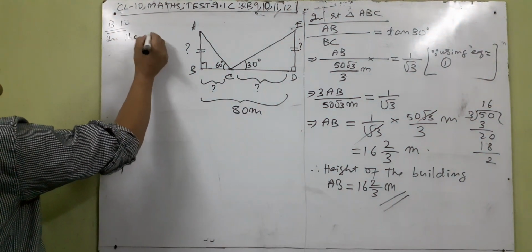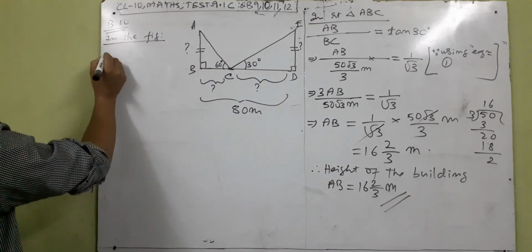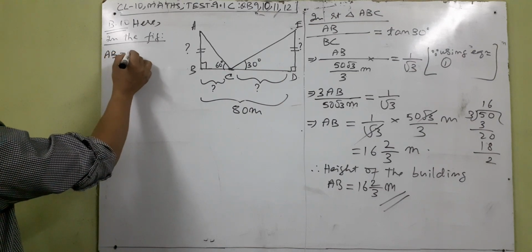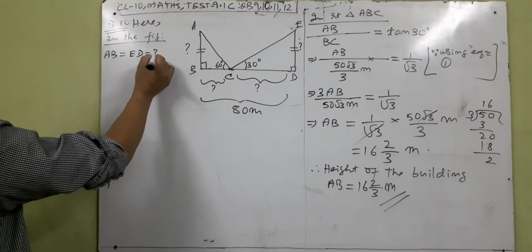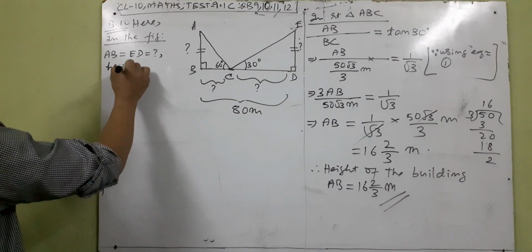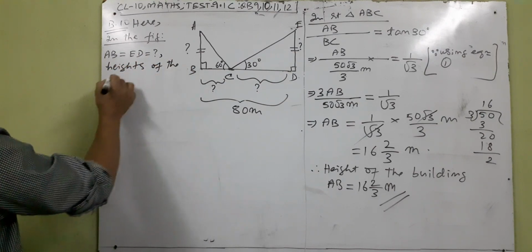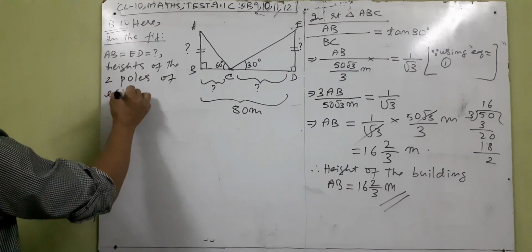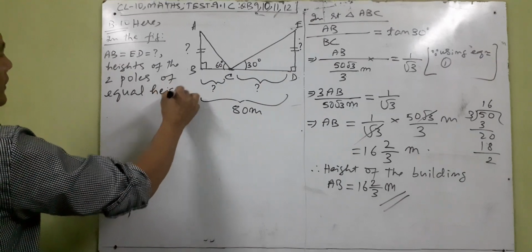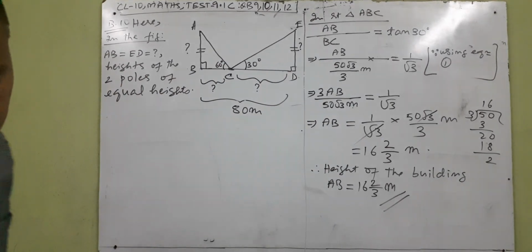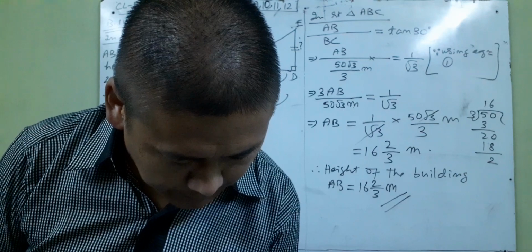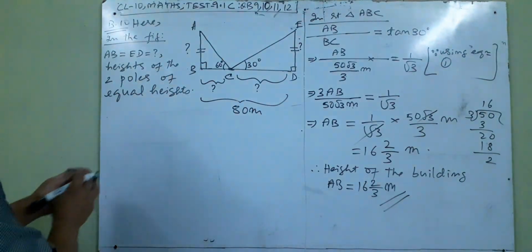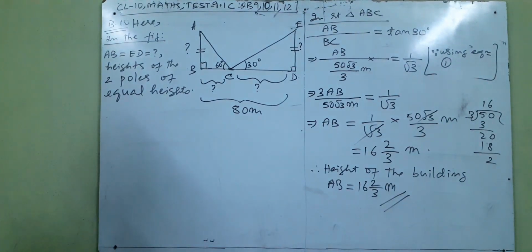In the figure, as we read the question very clearly, AB is equal to ED equal to question mark are the heights. The heights of the two poles, the question very clearly says, are of equal heights.